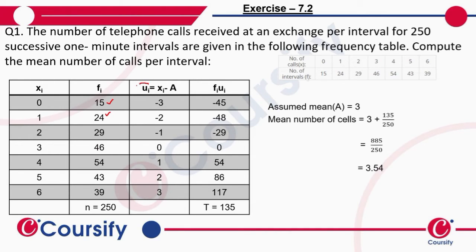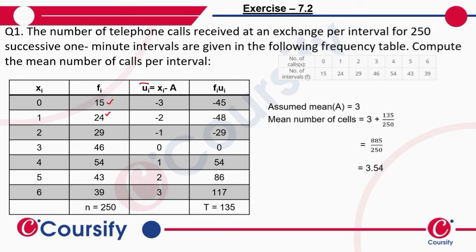So here they have given us for the intervals. They have not given us for a particular value of the observation. So there is a need to find ui. So ui will be xi minus a. Now what is a?